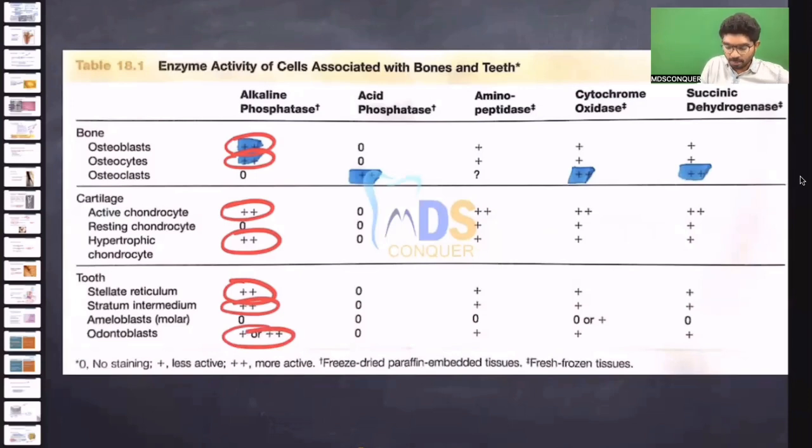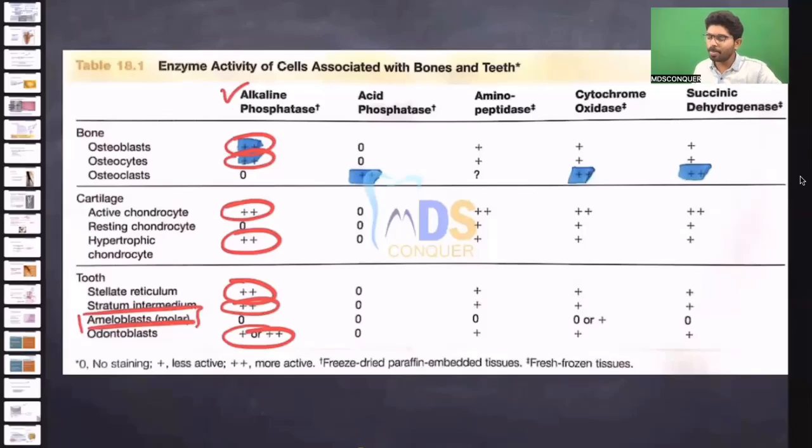So all these formative cells are having more alkaline phosphatase, except ameloblasts. Ameloblasts are also formative cells, the only formative cells which do not have increased alkaline phosphatase. Rest all formative cells have increased alkaline phosphatase.